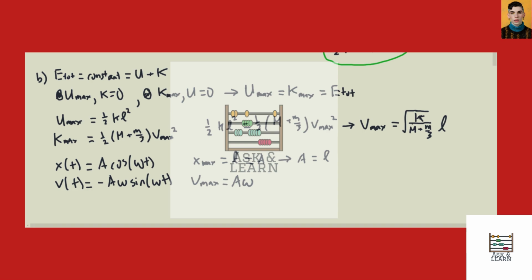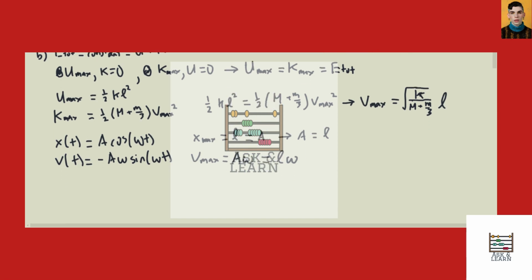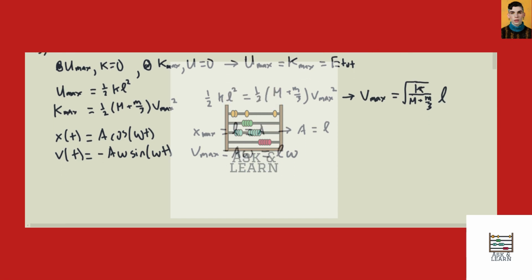And now this is where this will come in, where we've just found that expression for v max in terms of K, big M, little m, and L. Since we just found that A is equal to L, v max equals L omega. Okay, so now we can relate these two expressions for v max.